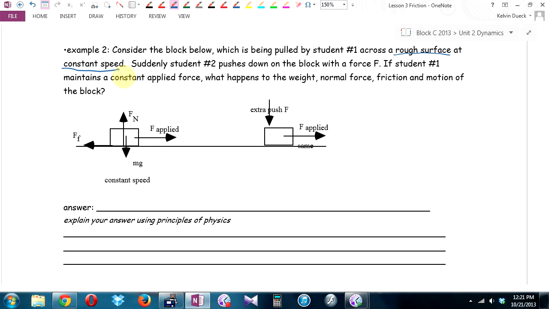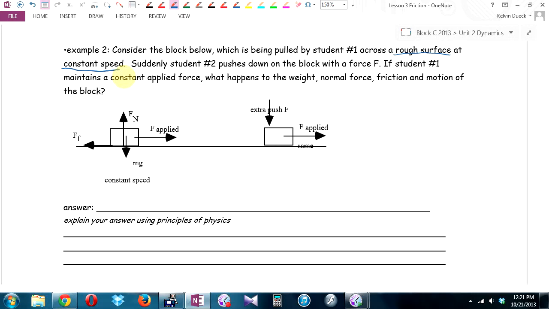Let's personify this. Hakeem is pulling one of the gym benches across the gym floor at a constant speed. Suddenly, Elijah decides to jump on the bench, because that never happens when you guys are trying to move those things.